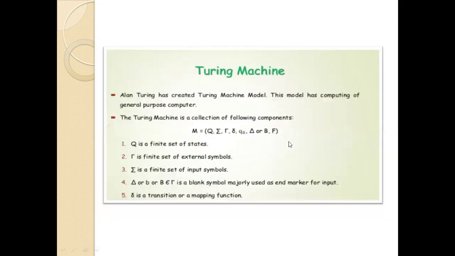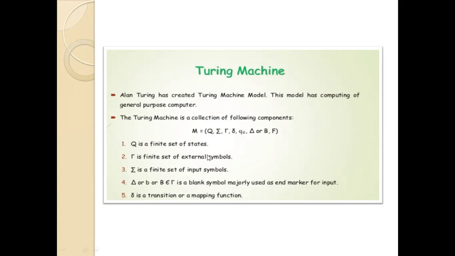Now, the Turing machine, let's have a look at this. Alan Turing created this model for the performance or operations of general purpose computers. It consists of this, where M is the Turing machine. Q is the finite set of states, right?